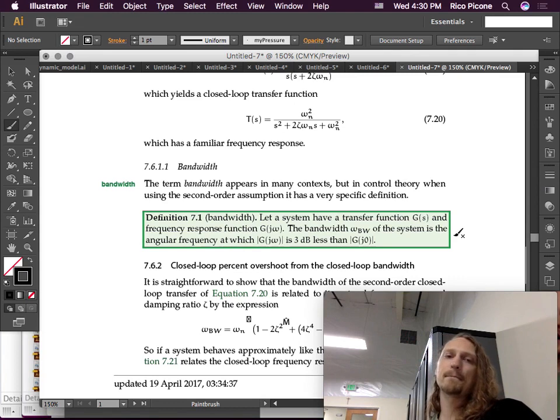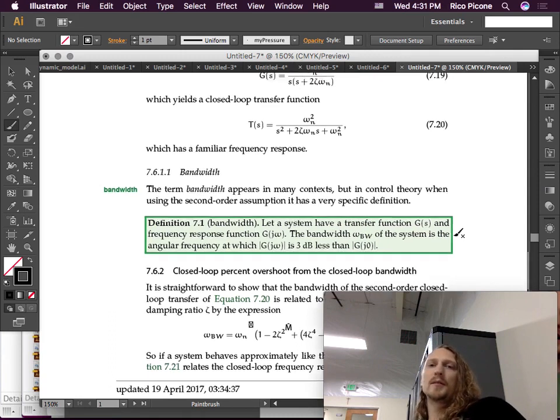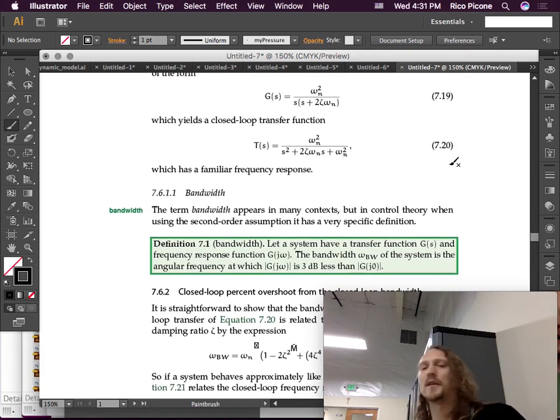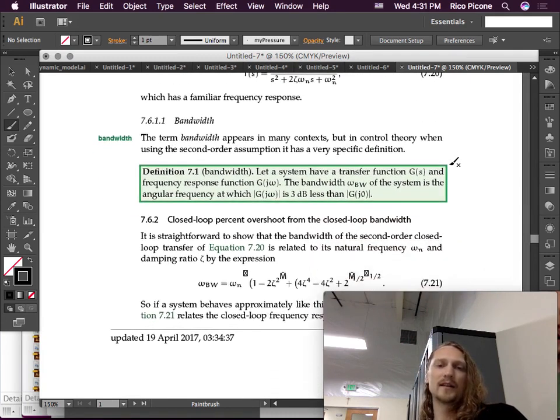So that's the definition of the bandwidth. And it turns out that for second order systems of the form 7.20, you can easily relate time domain quantities to the bandwidth. So that's why we're using it in this context.